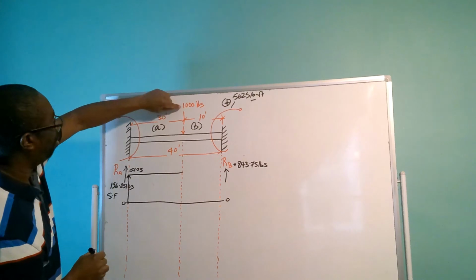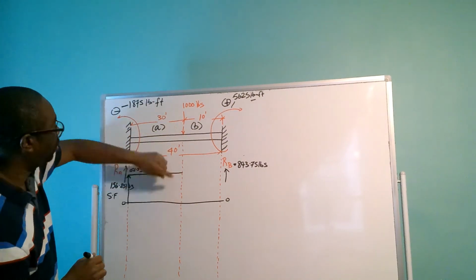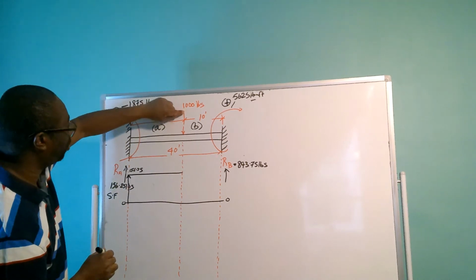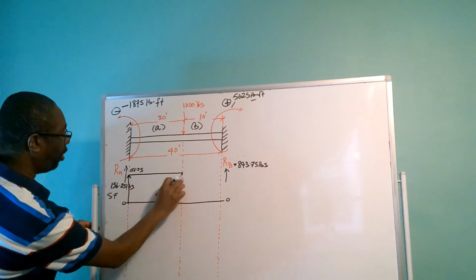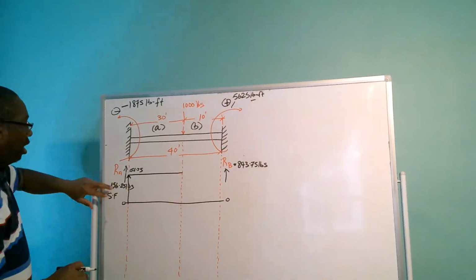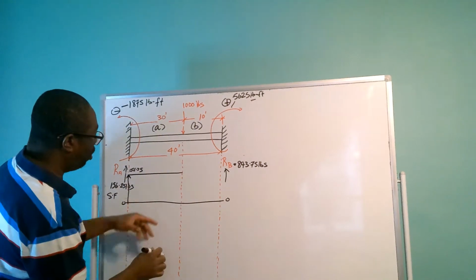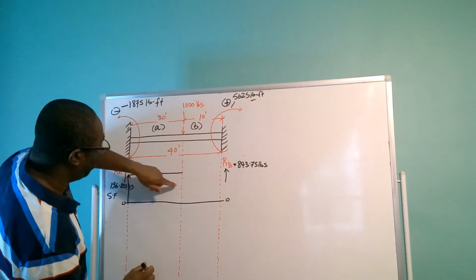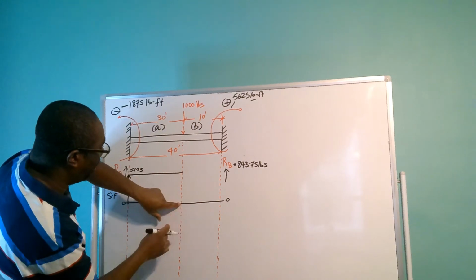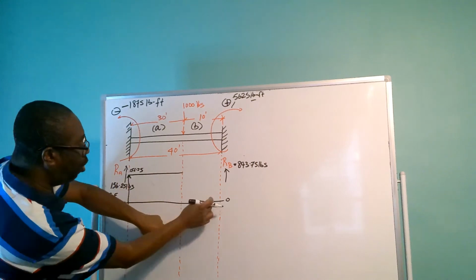But to this point here, we have 1,000 pounds coming down. So if we have 1,000 pounds coming down, it's going to push the beam downward, but from here to here is already 156.25. So this 1,000 pounds here is going to push the beam 843.75 pounds below the zero line.